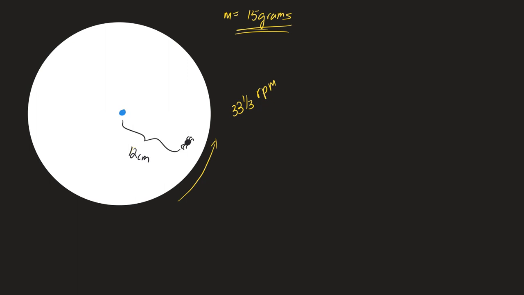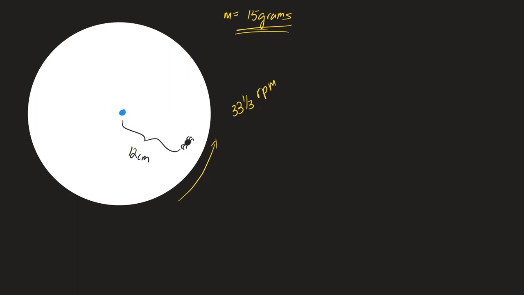Okay. If I were you, I'd write the question down so that you have reference for it later. Again, I have a spider that's on a record. The record is spinning at 33 1/3 RPM. That would be sentence 1 of my problem. The spider is located 12 centimeters away from the center of the record, and his little spider body has a mass of 15 grams.